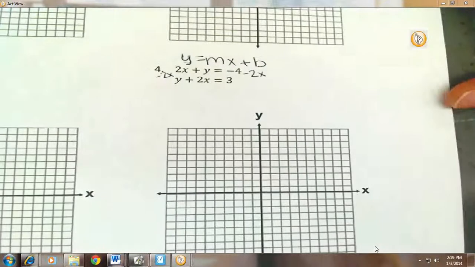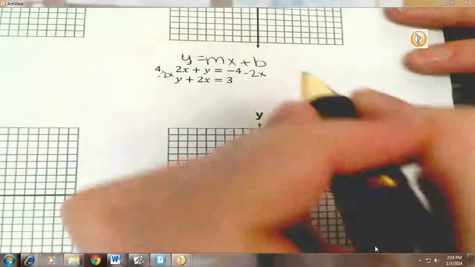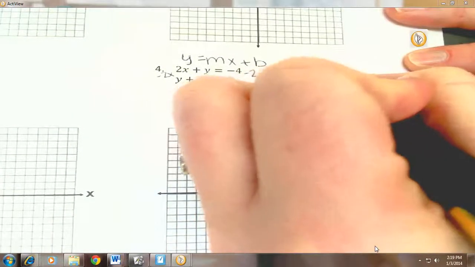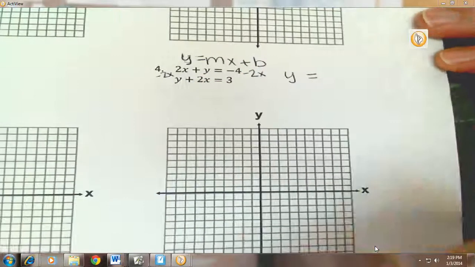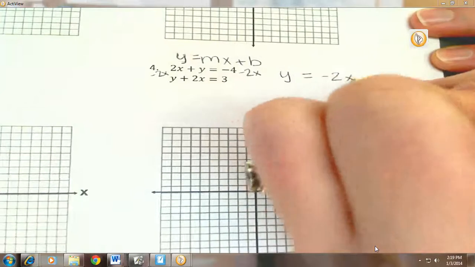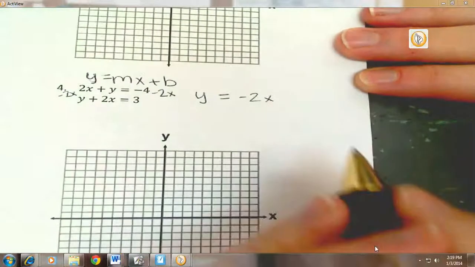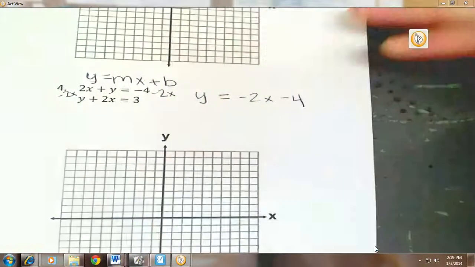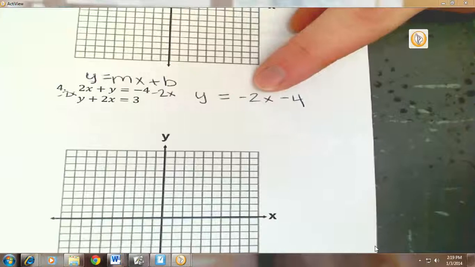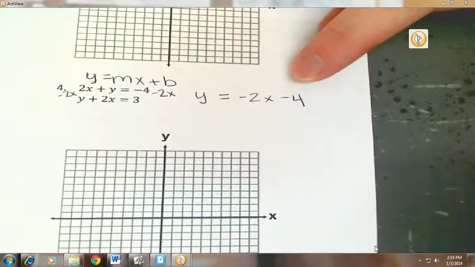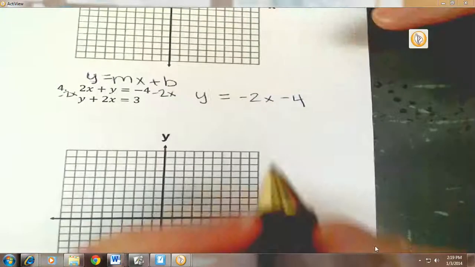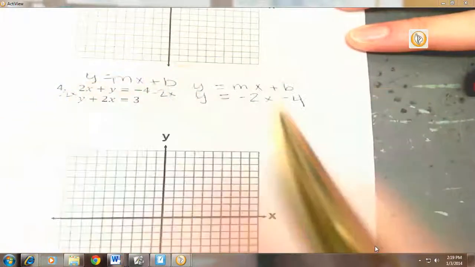When we subtract 2x from both sides, we should be left with y equals negative 2x minus 4. Remember, we write our x term in front of our constant. Now this equation is in the form of y equals mx plus b.